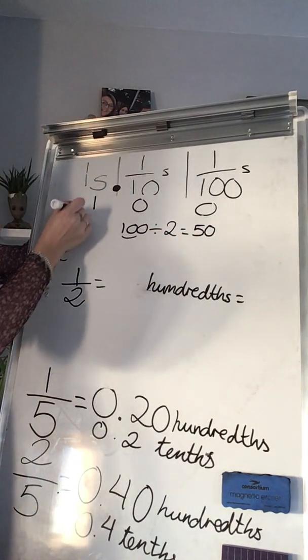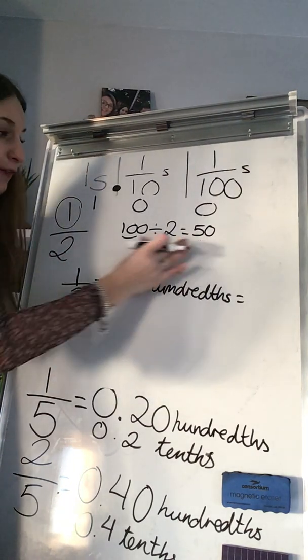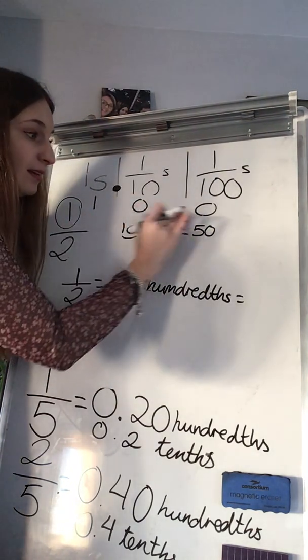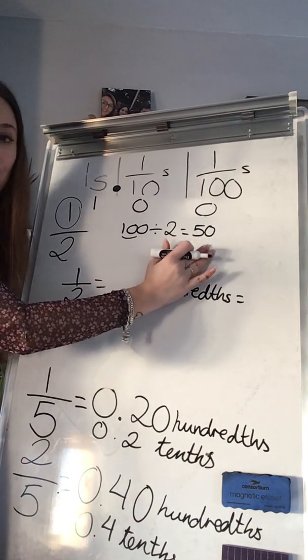So I know that 1/2 is 50. If I get my 100 and I divide it into 2, I get 50.